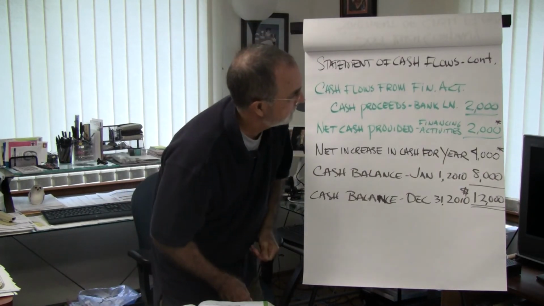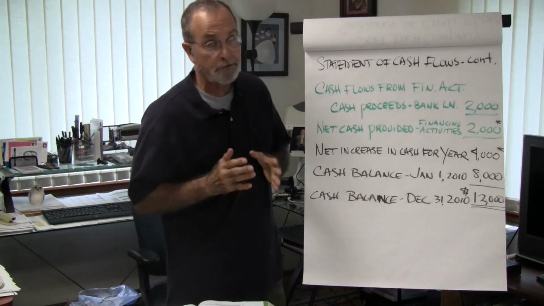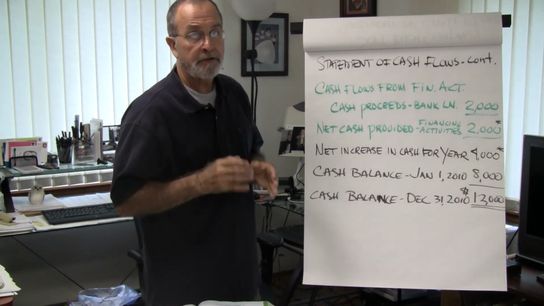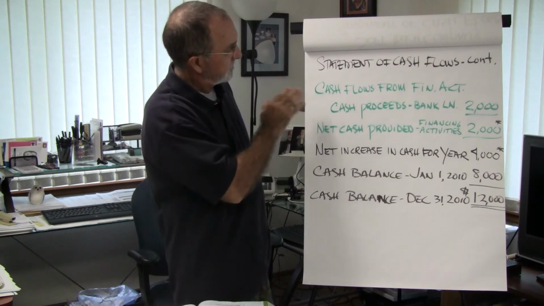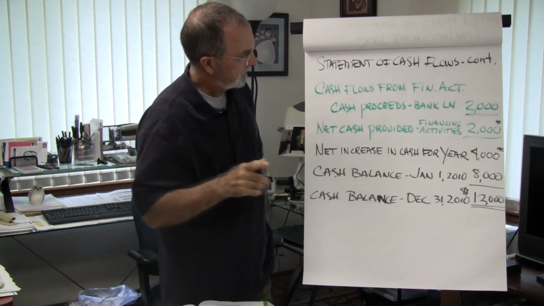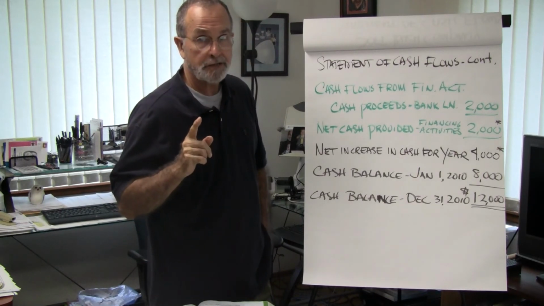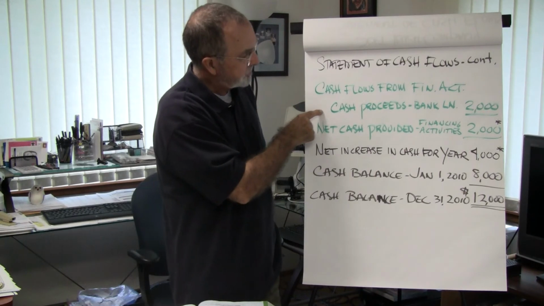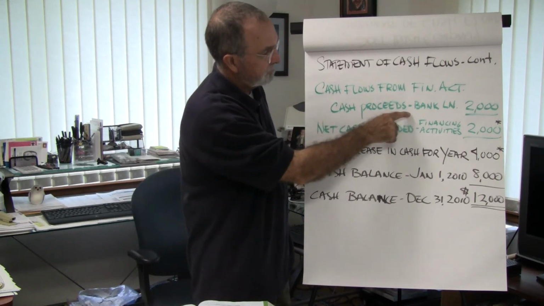And we are looking at the third category on the statement of cash flows, financing activities. And so again, we head it up cash flows from financing activities. Again, as for investing activities, there was only one item, cash proceeds from bank loan.